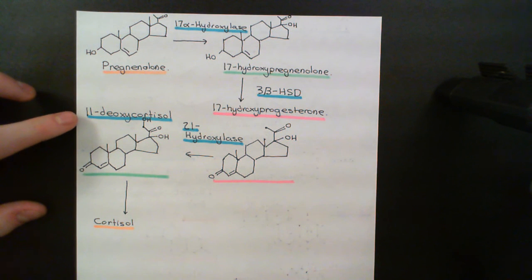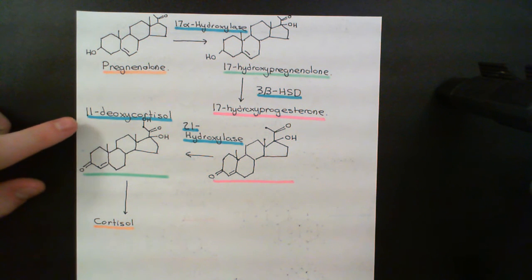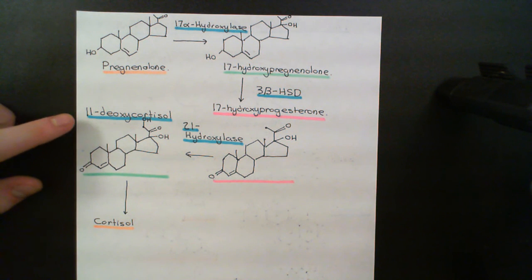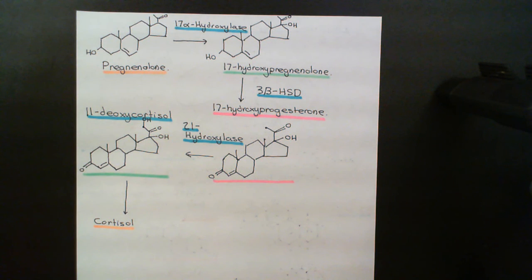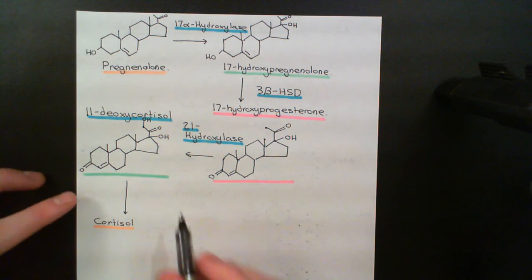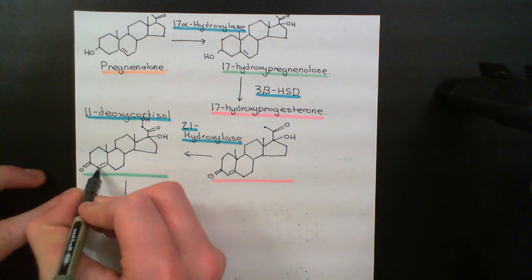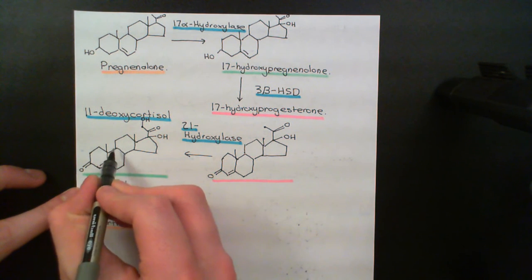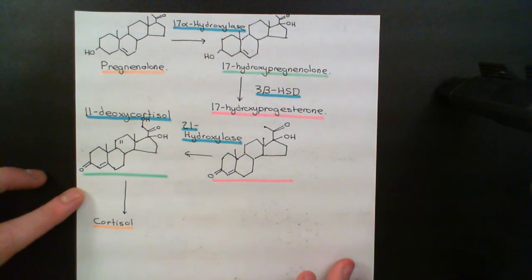Well, if this is 11-deoxycortisol, then it's cortisol without an oxygen coming off carbon 11 would be what I would read into that. So a good guess would be that we're going to put an alcohol group on carbon 11, and indeed that's exactly what we're going to do. So remember, where's carbon 11? This was 1, 2, 3, 4, 5, 6, 7, 8, 9, 10, and then we went up to here to find 11. That was carbon 11. Okay, so we're just going to stick an alcohol group on there.